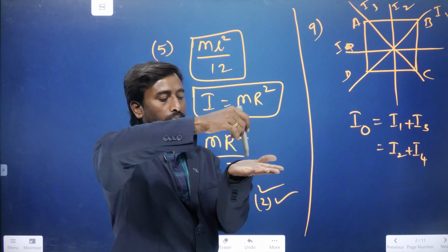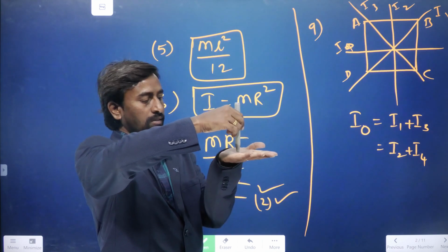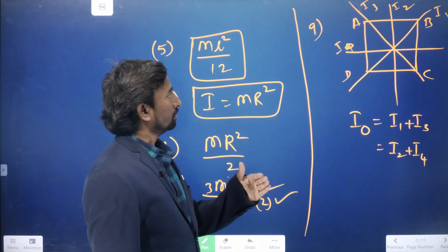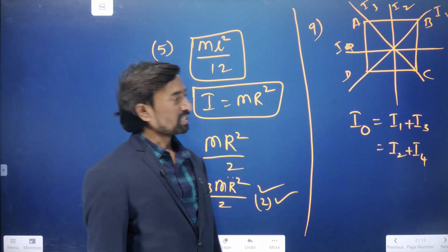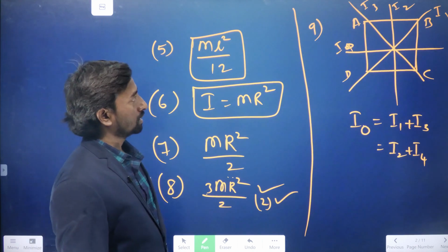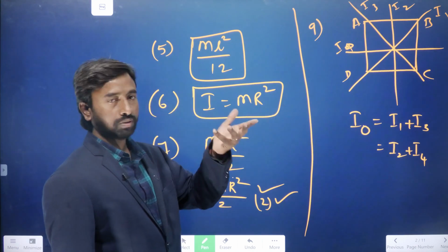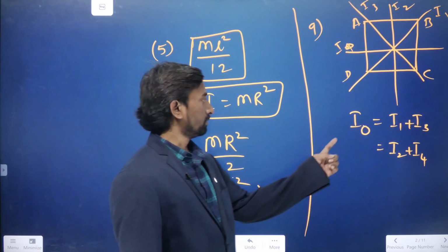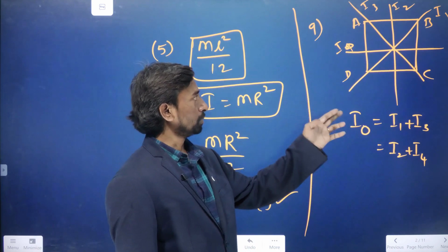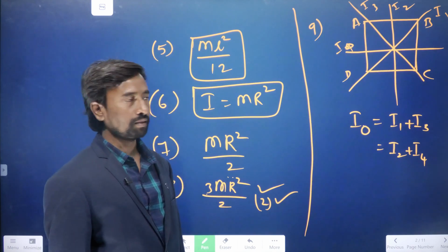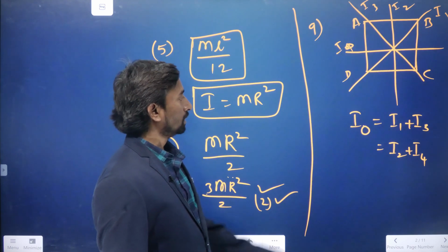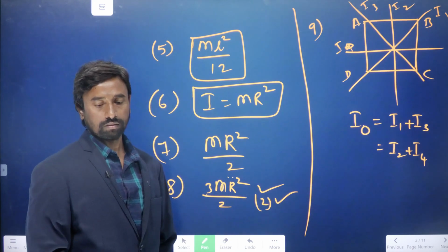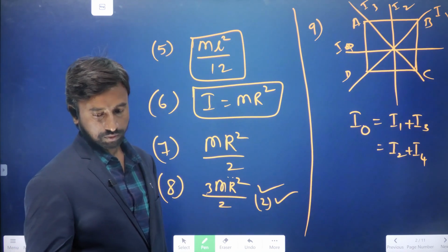The diagonals are perpendicular to each other, and the bisectors of the square will also be perpendicular to each other. So the moment of inertia about the axis perpendicular to the plane of the square plate can be written as I1 plus I3 and also I2 plus I4. Okay, the next one.